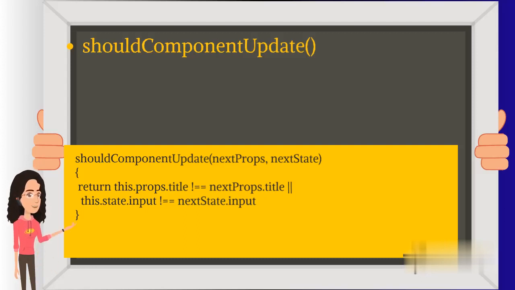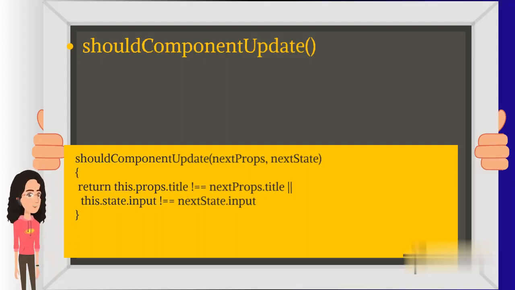Keep in mind that this lifecycle method should be used sparingly, and it exists only for certain performance optimizations. You can't update component state in the shouldComponentUpdate lifecycle. Here is a point to be noticed: most importantly, do not always rely on it to prevent rendering of your component, since it can lead to several bugs.